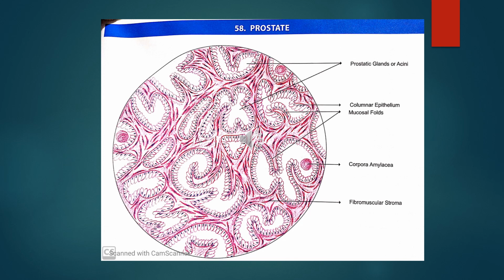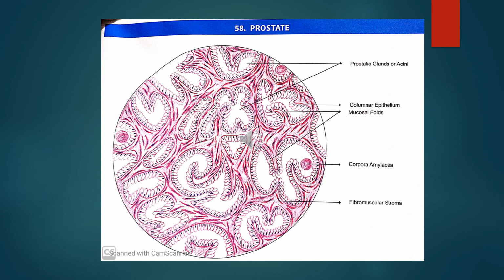So in a nutshell, the prostate consists of two components: the glandular component, that is compound tubuloalveolar glands, and fibromuscular stroma. You can see the follicles, which are lined by simple columnar epithelium.